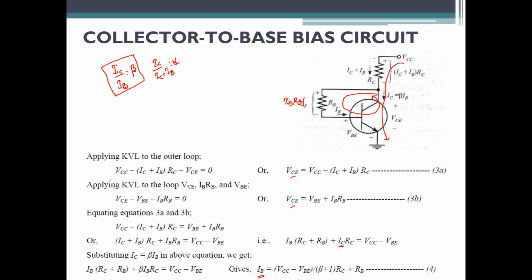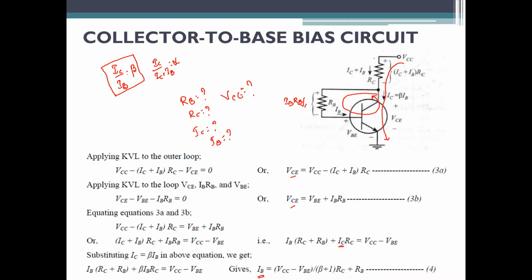All the circuits, what we have done here is, in order to get the terms, they might ask you to find out RB, they might ask you to find out RC, they might ask you to find IC, IB, or VCE. They might ask any of the terms. So if any of these terms are asked in the numericals, you need to remember this.